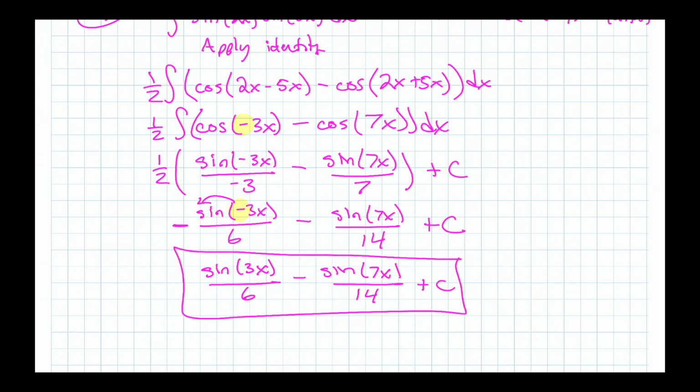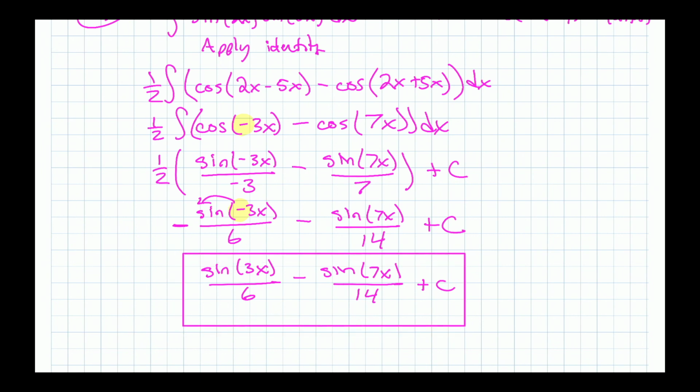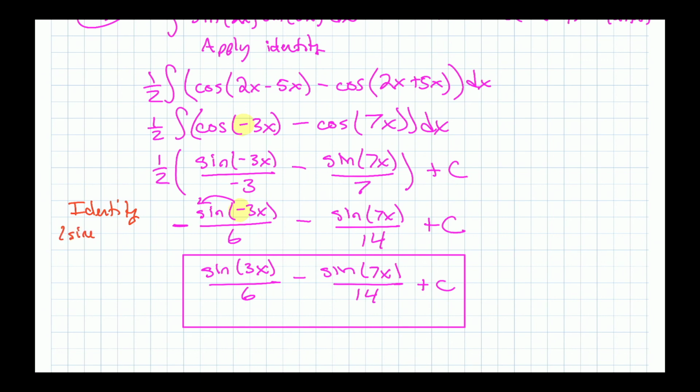And you don't see any minus signs inside of a sine or a cosine. Okay, so just using that little identity, which is just the fact that sine is an odd function. That's all it is.